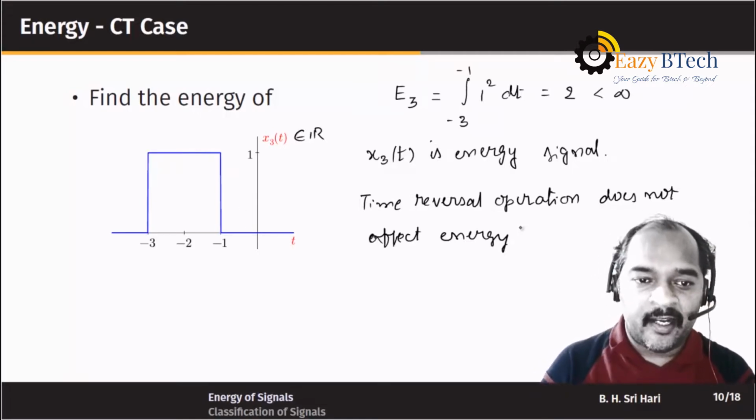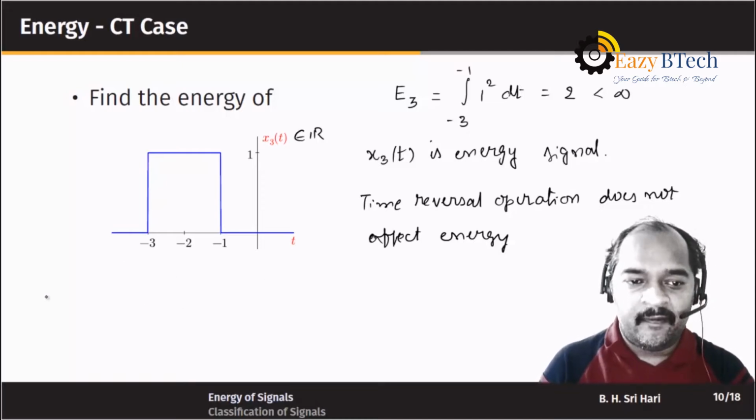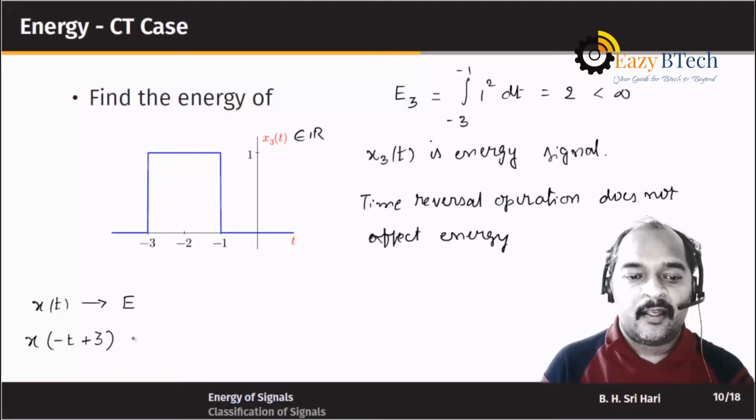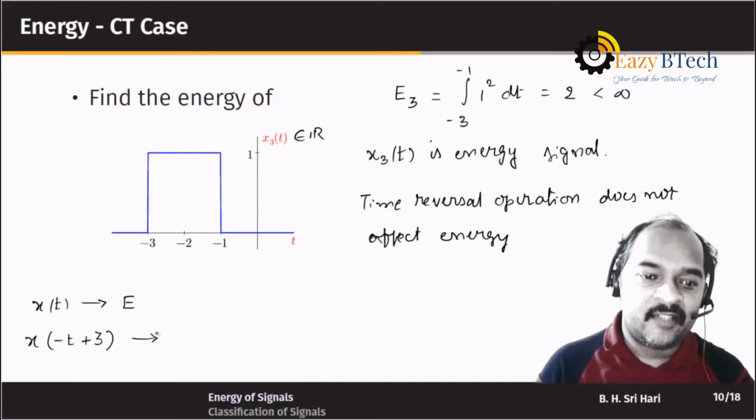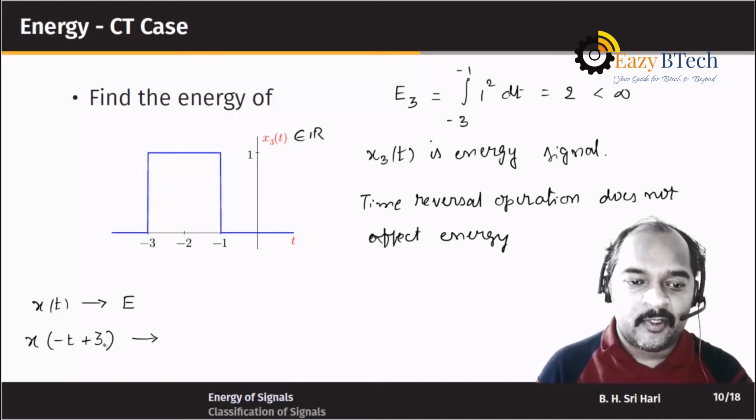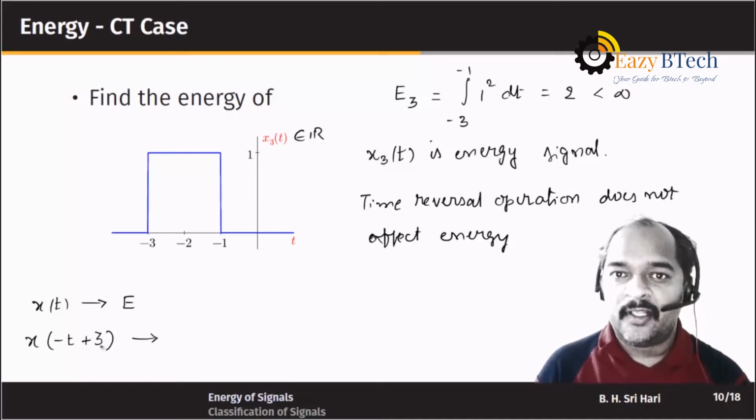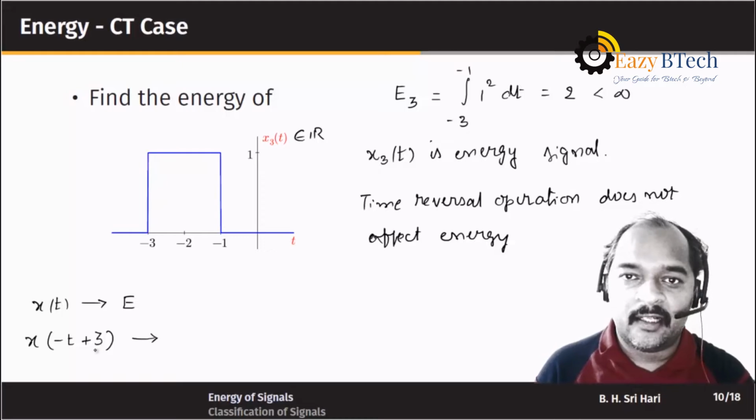For example, we have a signal x of t with energy E, let us say. Now we are asked to find the energy of x of minus t plus 3. The plus 3 corresponds to time shifting, so that has no impact on the energy.